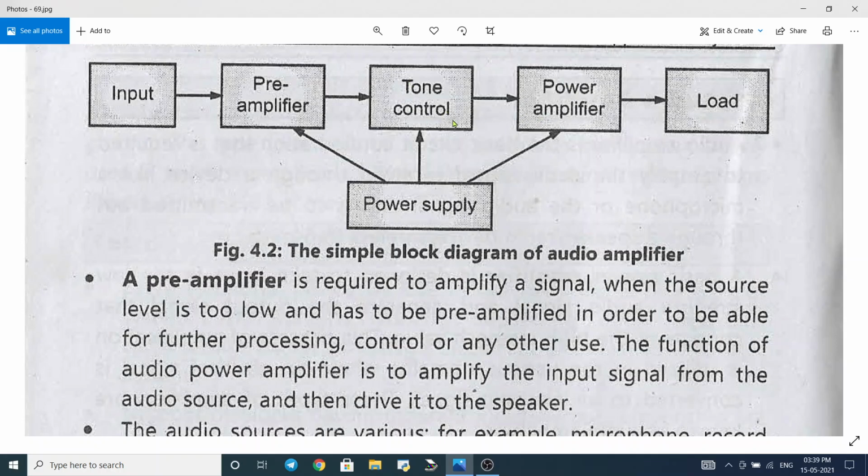So these are the circuit stages as shown in the block diagram, and we have discussed the various factors while designing of an audio amplifier system. So with all this discussion, we come to the end of this lecture. Thank you very much.